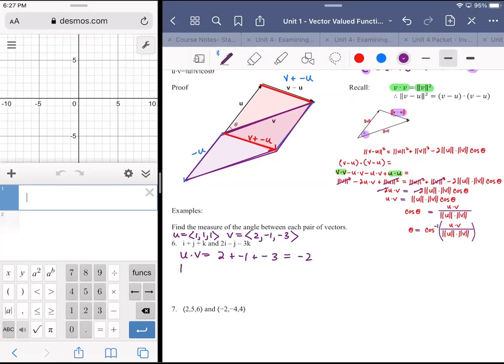Then I need the magnitude of u. Square each component, add them together, then take the root. If you want, dot it against itself and take the square root, but that's the same thing. So this is the square root of 3.